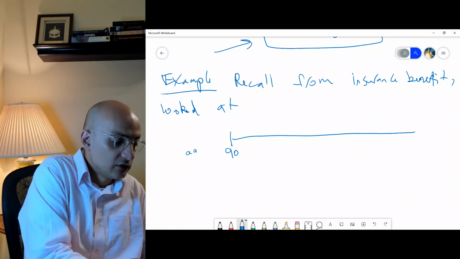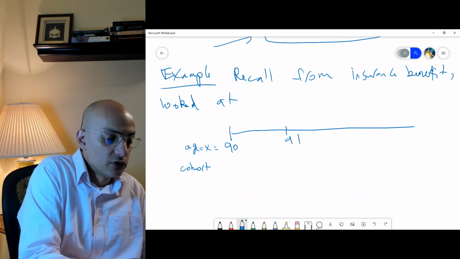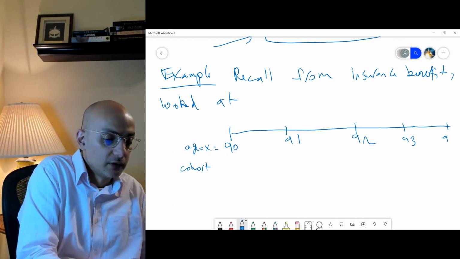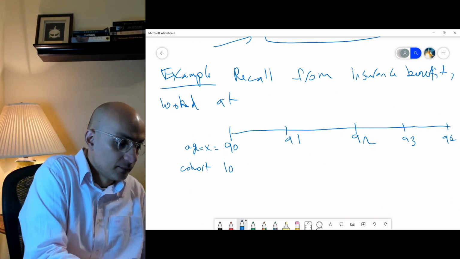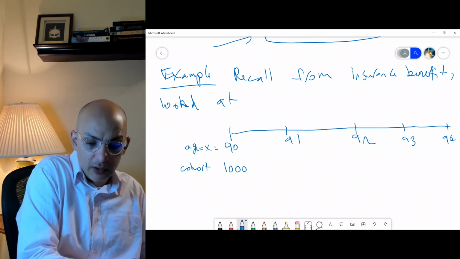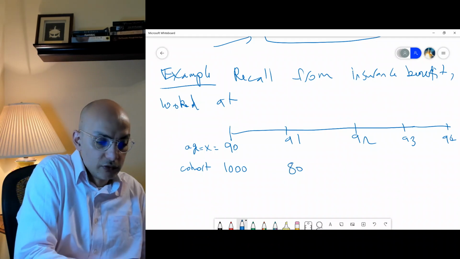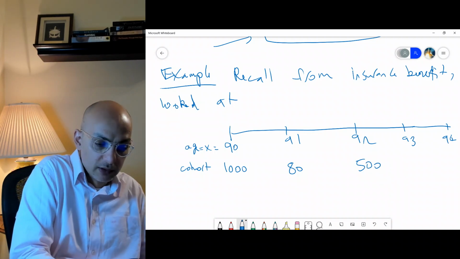This is age, and this is the cohort. We followed a cohort of 1000. Those who survived to age 91, actually 800. Those who survived to age 92, 500. This example we took before. Then 100, and then 0.